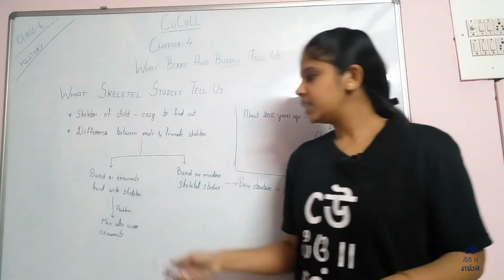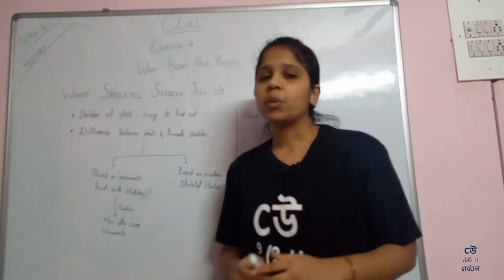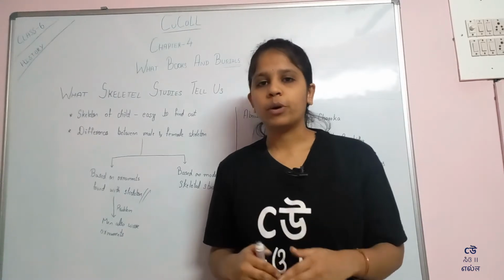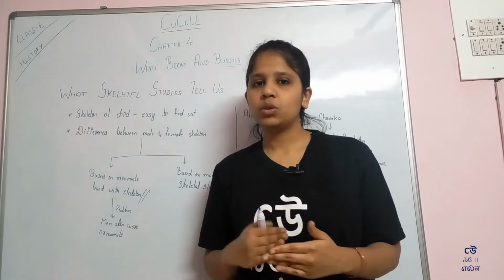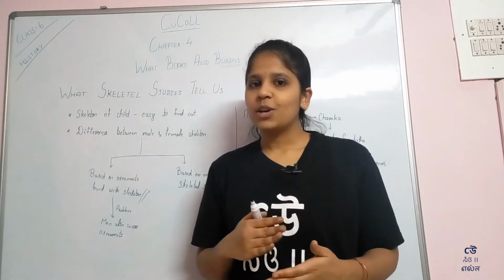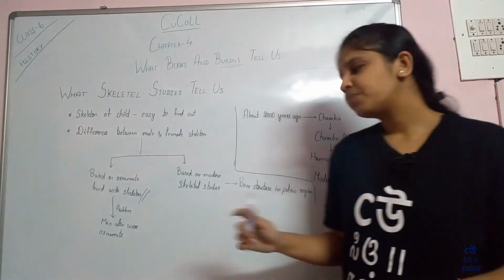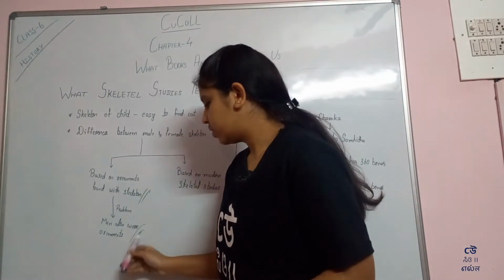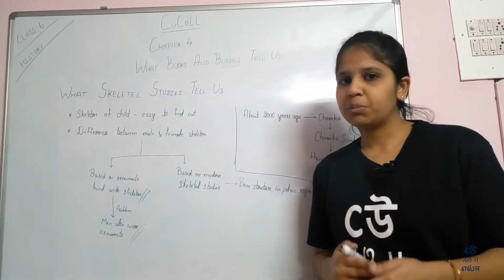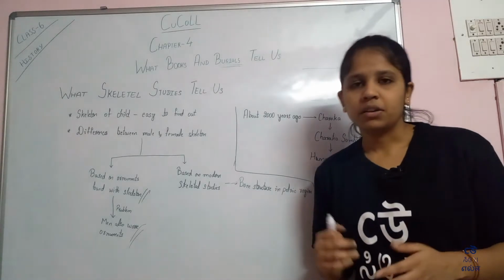But in this method, there was a problem. The problem was that even men used to wear ornaments and jewelries. So sometimes they were not able to differentiate between the skeleton of a man and a woman.